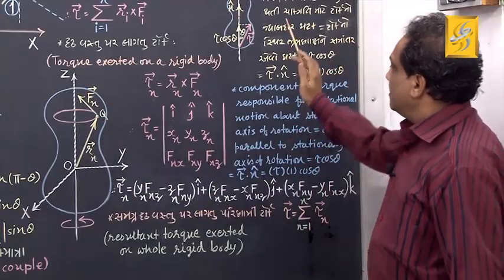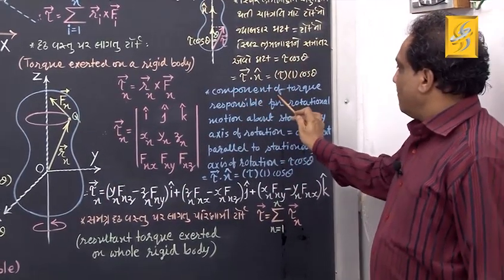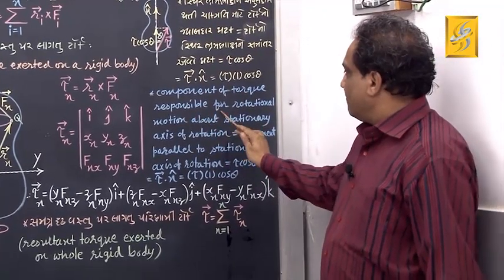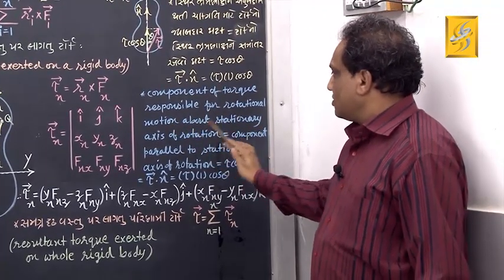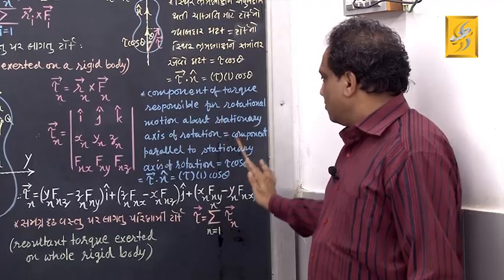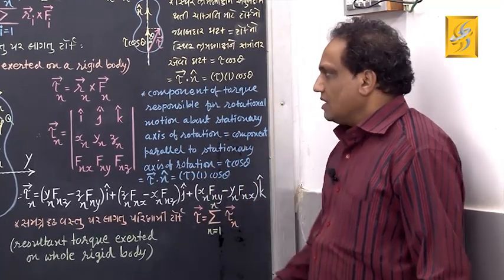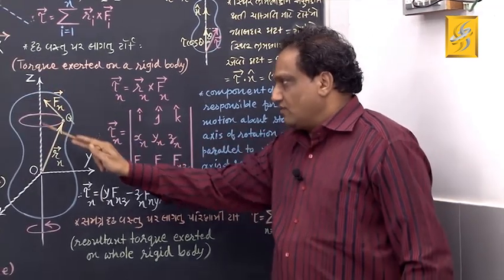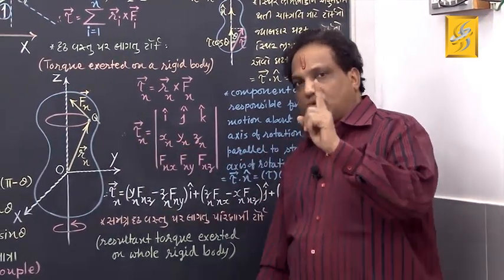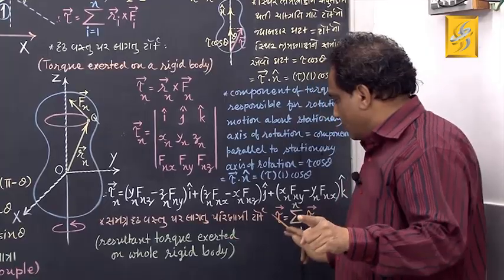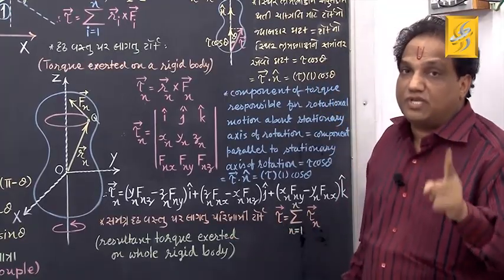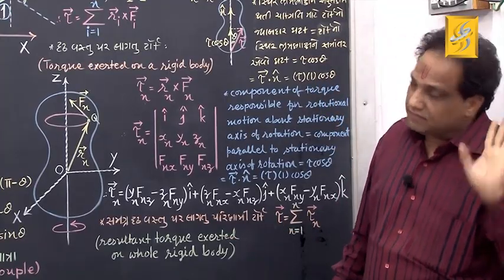That is what I have written here. The component of torque responsible for rotational motion about a stationary axis of rotation is equal to the component parallel to the stationary axis of rotation. Here the stationary axis of rotation is the z axis. So right now the z component of this torque is responsible for producing rotational motion.